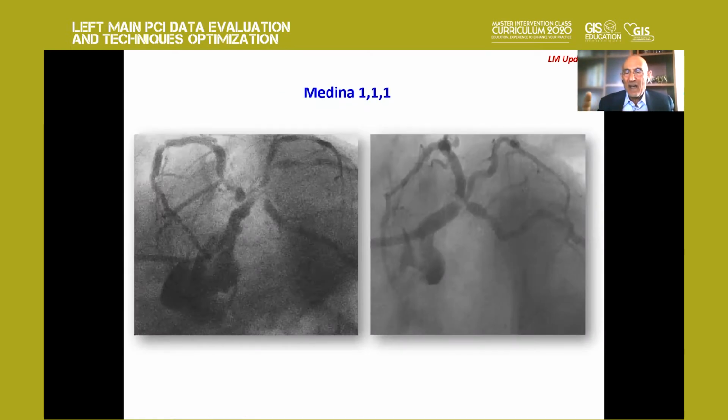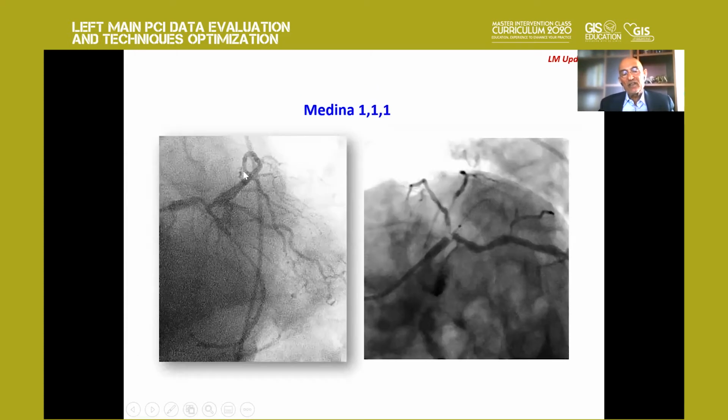Just to give you an idea about what I am saying, you can see here Medina 111, both are 111, but I'm sure you'll agree with me that the strategy in this patient on your right will be different from this patient on your left, because the distribution of disease is completely different, the diffusion of disease as well, and of course the carina also is completely different.